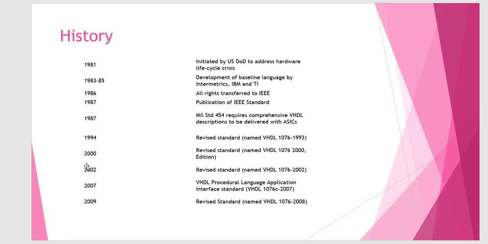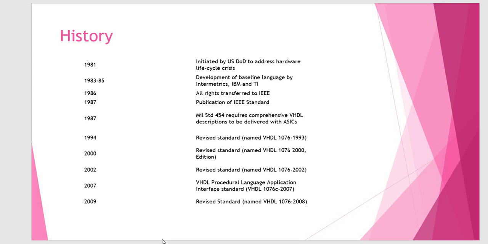In 2000, the standard was revised again to the 1076-2000 edition. 2002, 1076-2002. In 2007, the VHDL procedural language application interface standard was introduced, and in 2009 the standard was again revised and published.